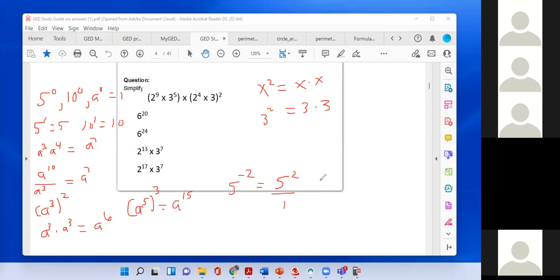So what we do is you change the orientation. My 1 is going to go up top, my 5 is going to go to the bottom, and you change the sign of the exponent. So when I move it to the bottom, I change it to a +2. So 5 to the negative second is equal to 1 over 25. Those are the 6 rules you must know for exponents.